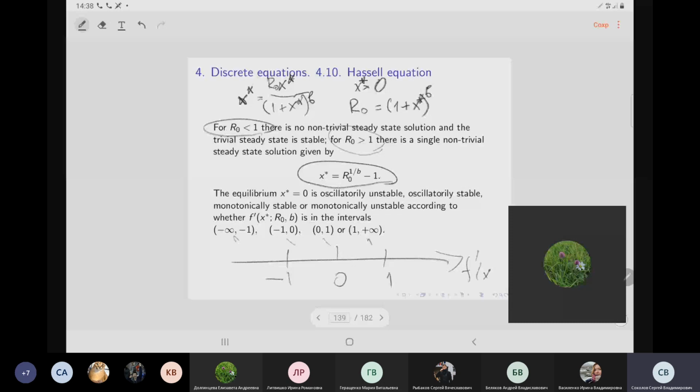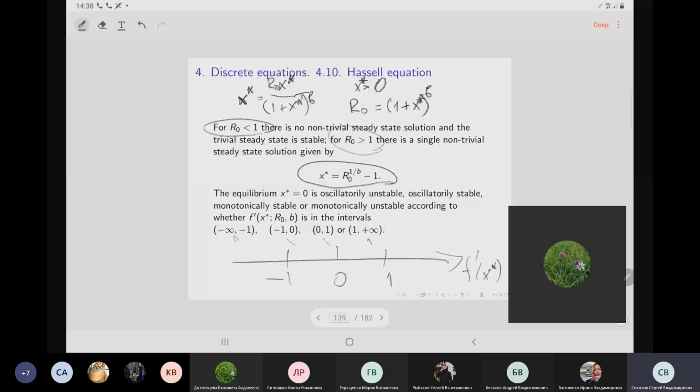So far we have to find the values of our coefficients that give us different parts of the line. So let us calculate f prime at x star, the non-trivial equilibrium.